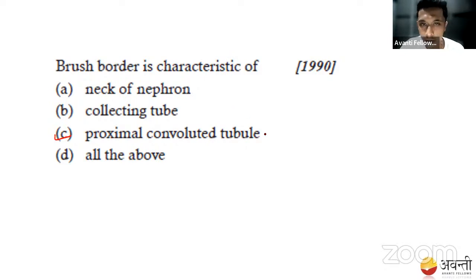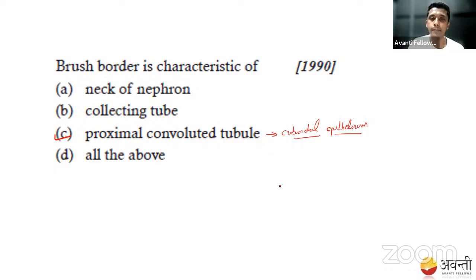So how does this happen? This happens because of specialized cuboidal epithelium. The type of cuboidal epithelium present in the proximal convoluted tubule has brush border characteristics. So what is this brush border characteristic?